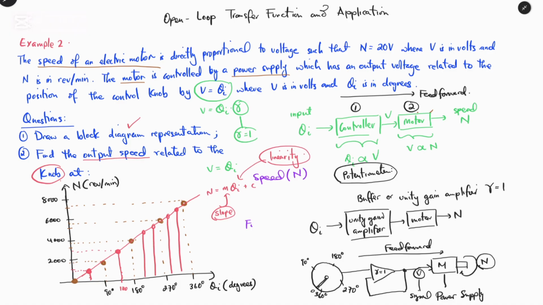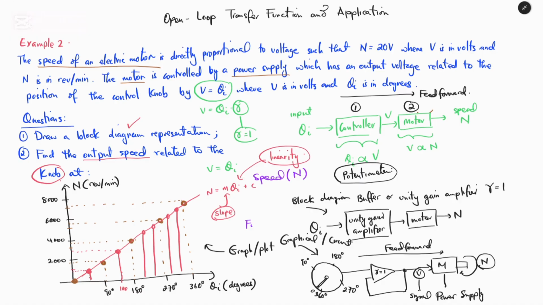So this is a block diagram representation, and this can be our circuit diagram. And this represents the graph or the plot of the system performance.